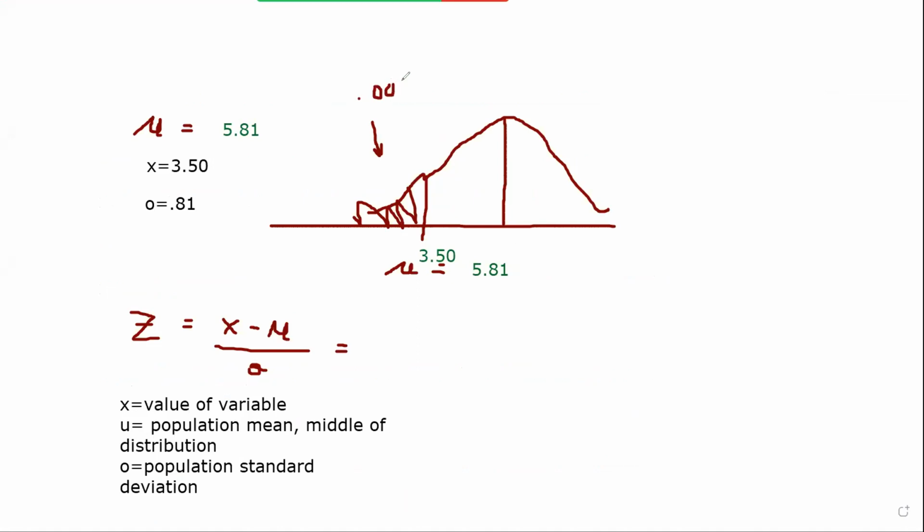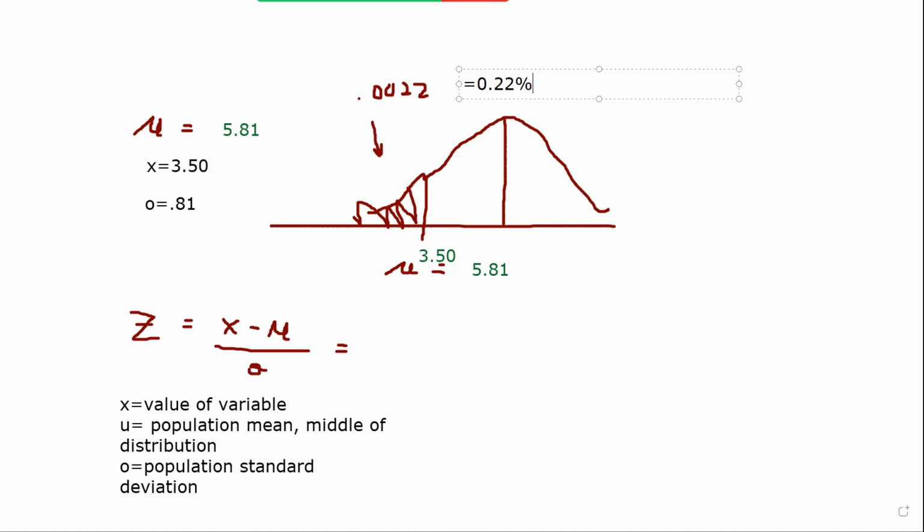And you can turn that into a percent if she asks for probability. So this is going to be 0.22%. Okay, does that kind of help a little bit?